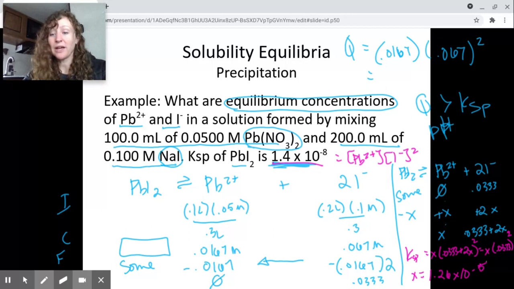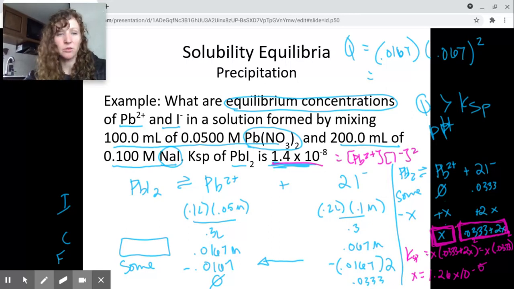Okay, so my lead concentration is that 1.26 times 10 to the negative fifth, because my lead concentration at equilibrium is just X. My iodide concentration is going to be 2X plus 0.0333. That X isn't going to make a significant difference, so my iodide concentration is just going to be 0.0333 molar.